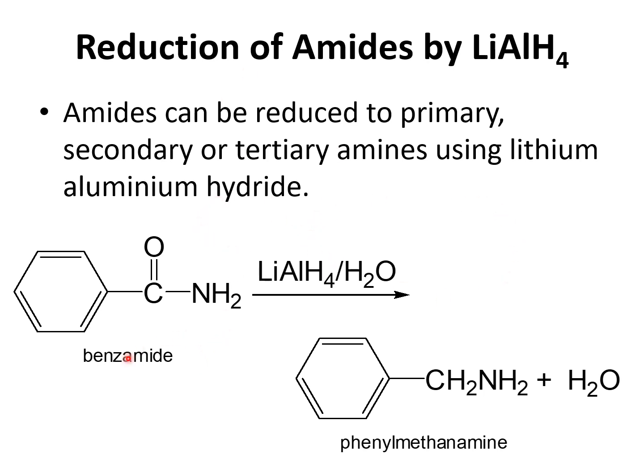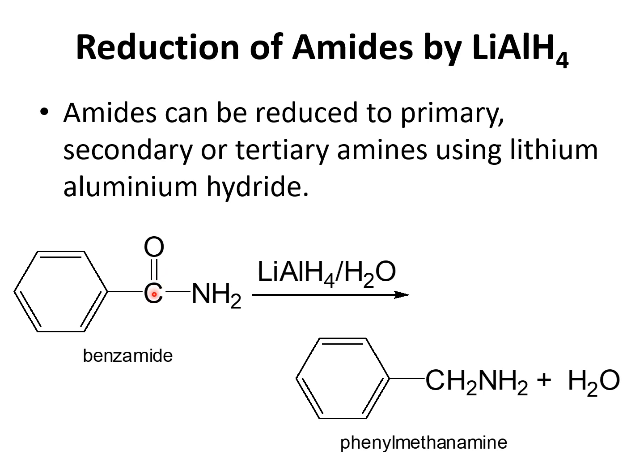So if you see from benzamide, and then you put the reagent and you have the final product, can you spot the difference? The difference is C double bond O is changed to CH2. So it means that we have reduction. In the reduction process, you will get water as the byproduct.